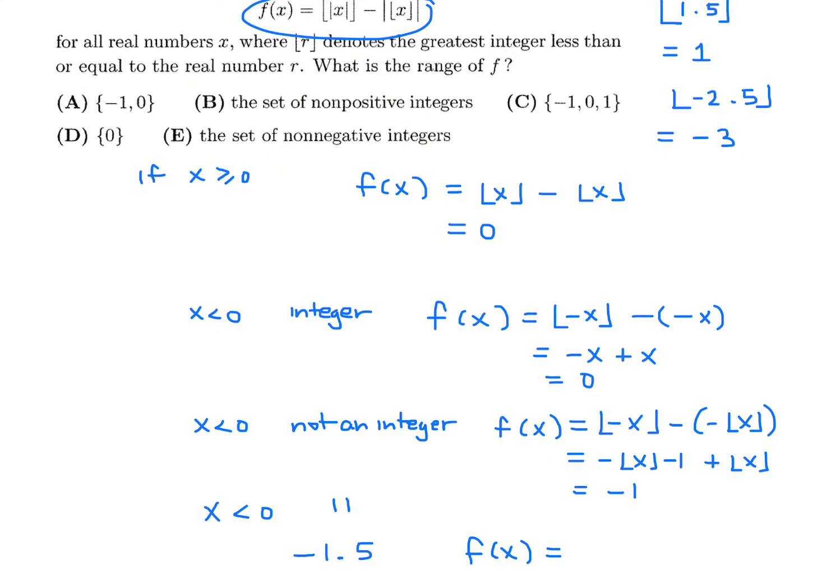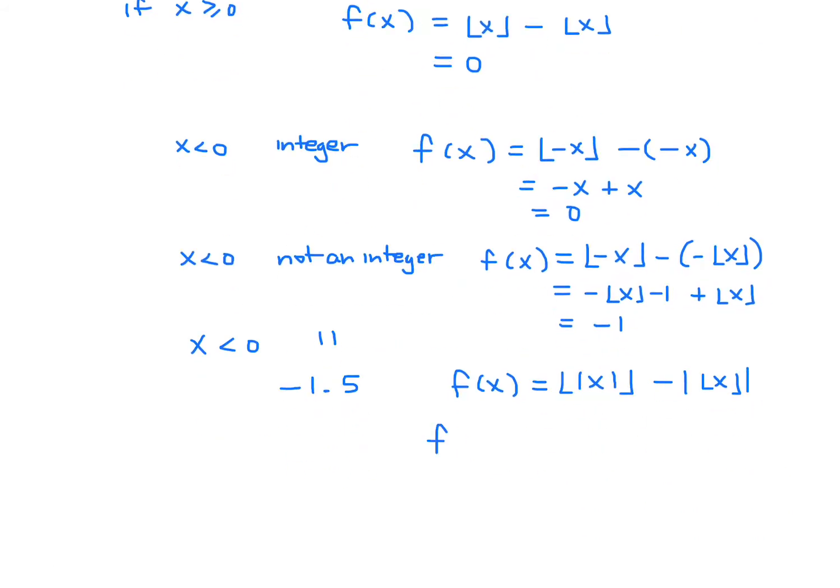So it would be absolute value of x, bracket, minus bracket x, absolute value. So if we're putting in negative 1.5, we would get negative 1.5 absolute value, then bracket, minus absolute value of 1.5 bracket. So the absolute value of negative 1.5 is 1.5.